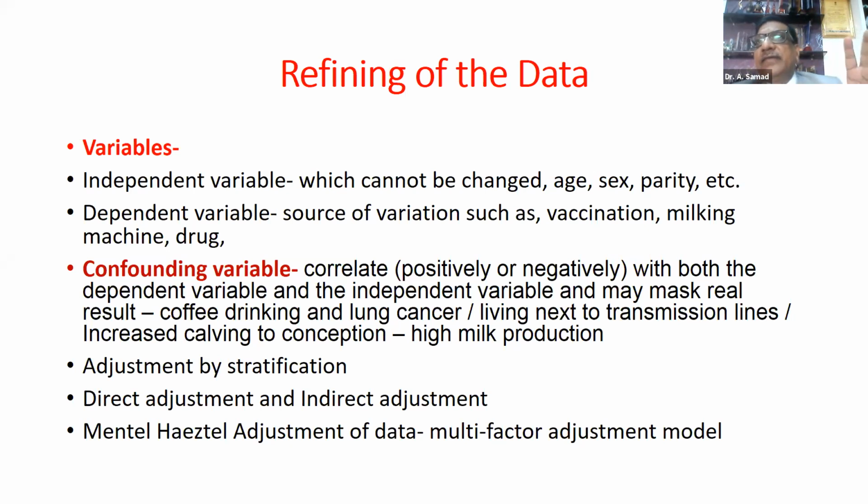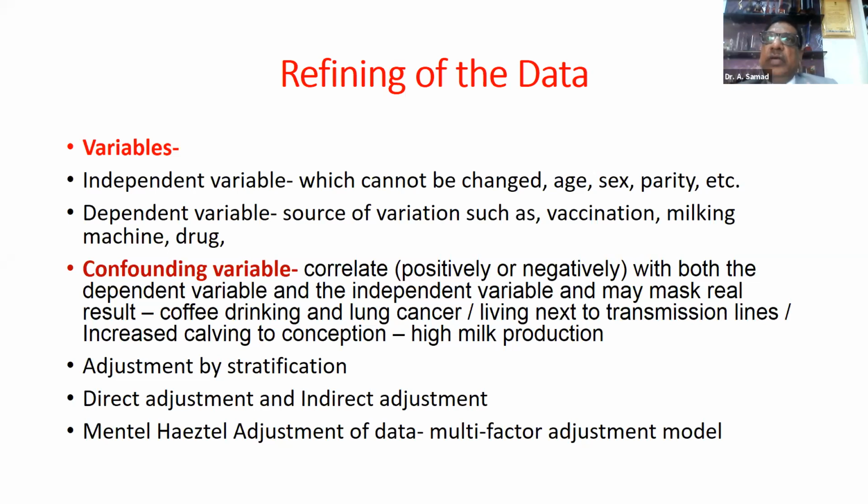And here I can give an example: say you are looking at milk production, and you want to find out that if I give supplement A, it is going to have an effect on milk production. Now, milk production can be confounded by several factors. For example, parity. It could be the stage of lactation. It could be the feeding practices if they are not constant.